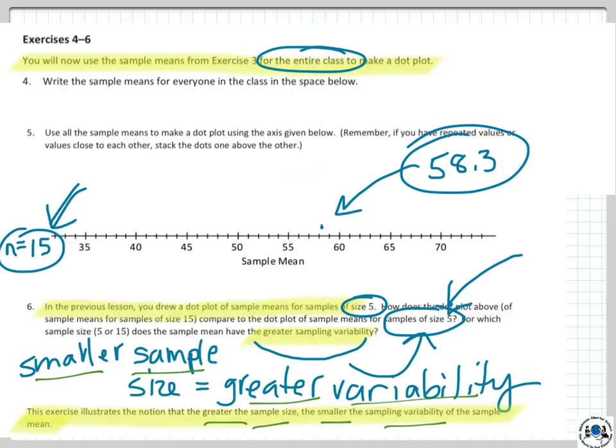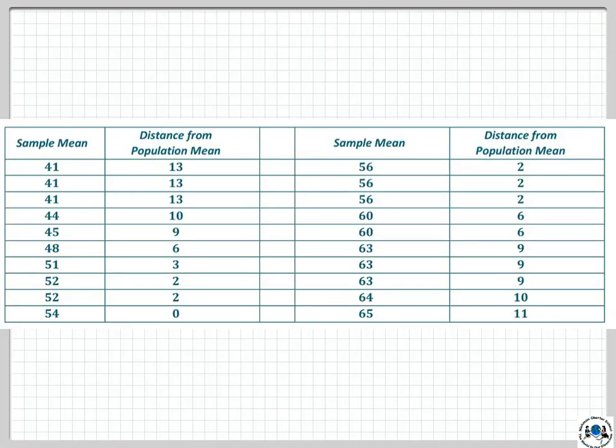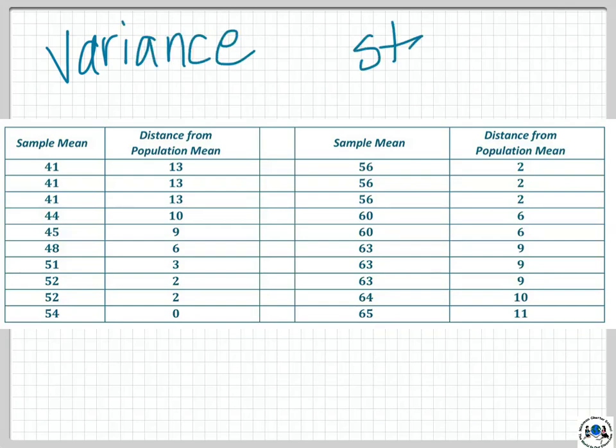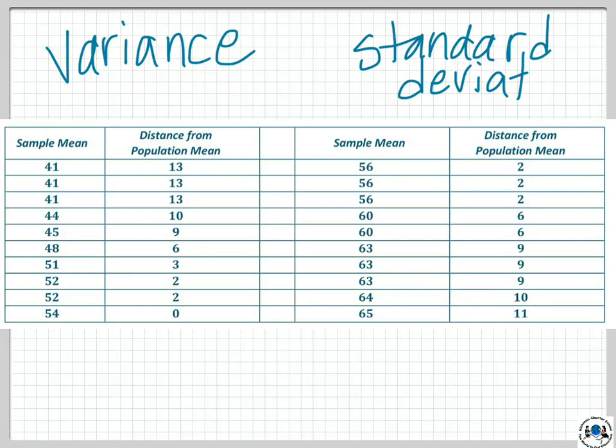But anyway, if you take a look here, this was what I was talking about before, this idea of variance, or remember I told you about standard deviation, and we're trying to find out how far each value, the average value or the mean value, is away from the actual mean, okay?